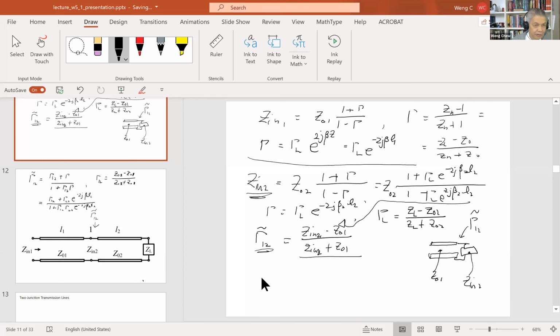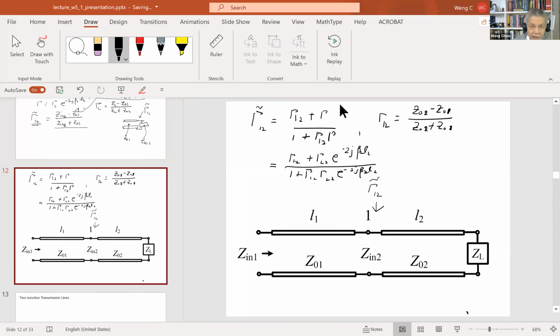If you do enough manipulation, you can find that gamma 1, 2 tilde can be written in this manner. I will not do it, but it takes quite a bit of tedious algebra.